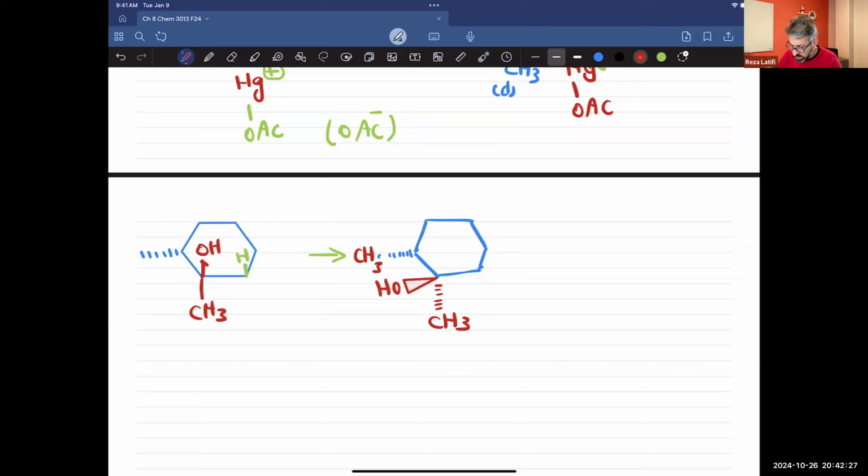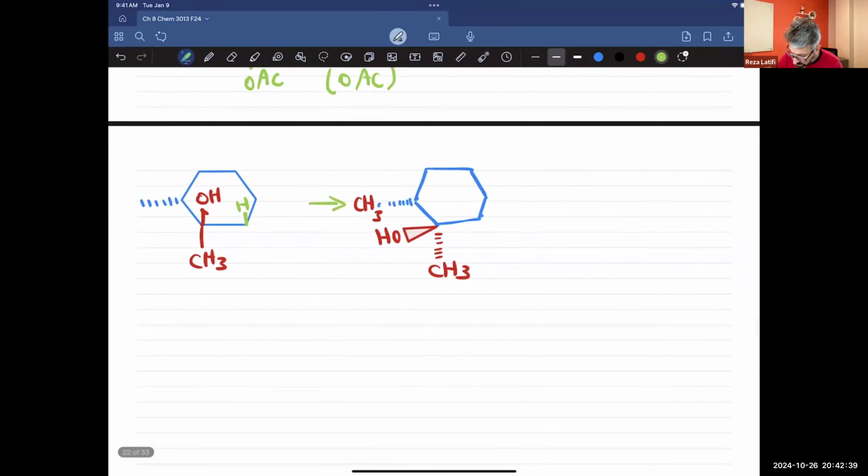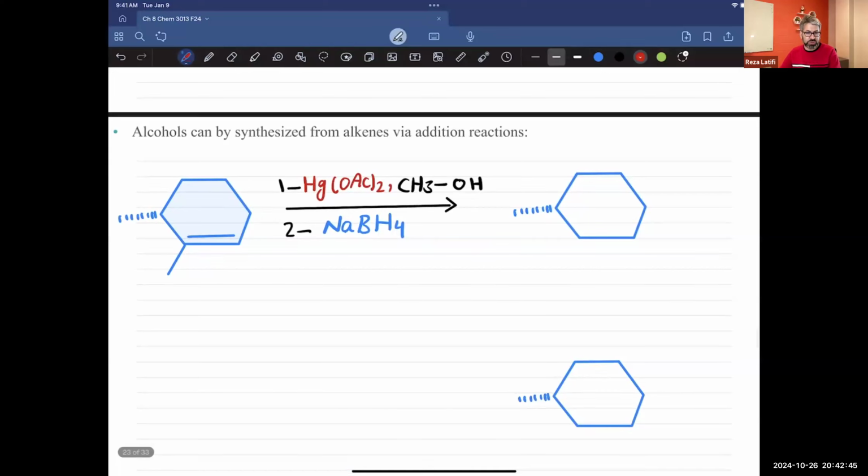The addition of OH will be anti, and OH will show up on a carbon with more substituents. And here, remember, you do have two hydrogens. Now what will happen if you use methanol instead of water?